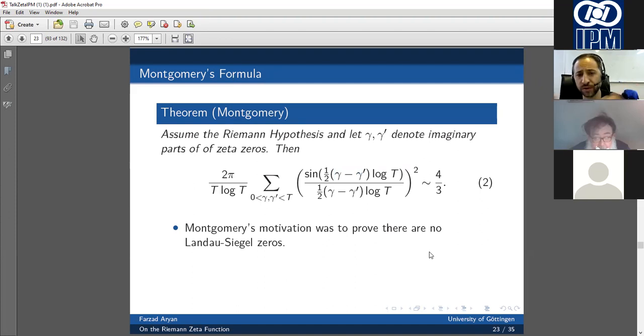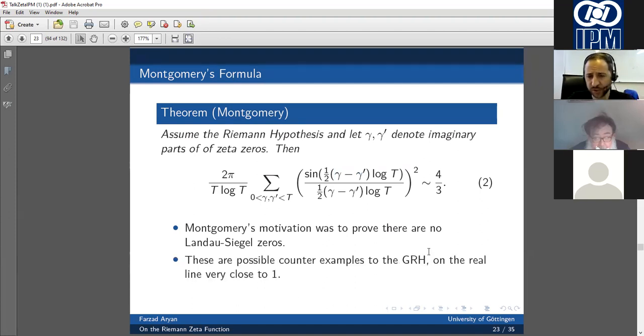They're zeros of other L-functions, but if they exist, first of all, they would violate the generalized Riemann hypothesis, that for this family of L-functions all zeros are on the half line. So they are very bizarre zeros. They fall even inside the zero-free region for these L-functions, very close to 1 on the real line.